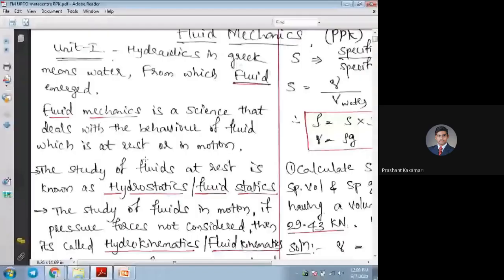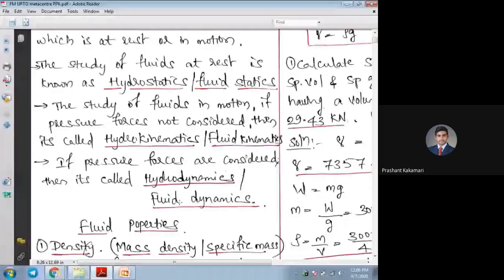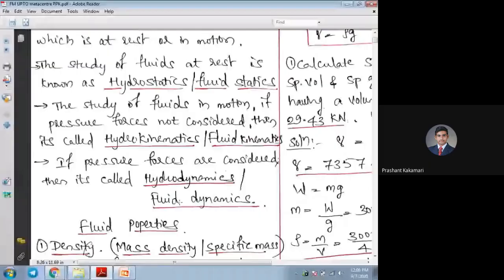In the last class, we discussed what fluid mechanics is, and a few different concepts. Then fluid dynamics. These are the three major parts of fluid mechanics, where we discuss whether the fluid is at rest or in motion.